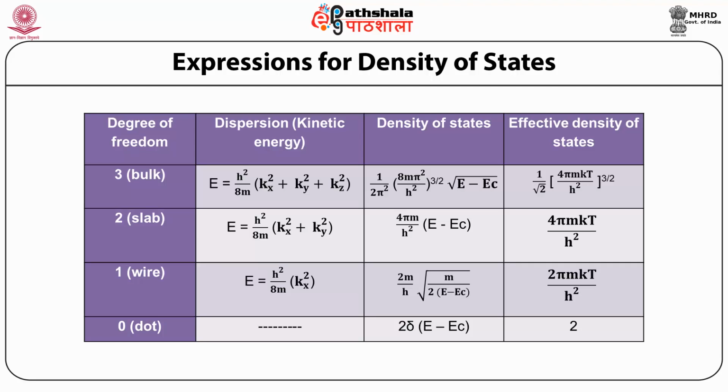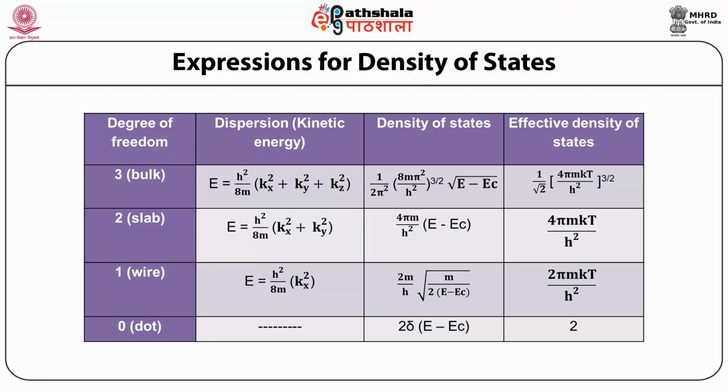Whereas the density of states DOS is 4 pi m by h square (E minus EC), and the effective density of states is 4 pi m kT by h square.